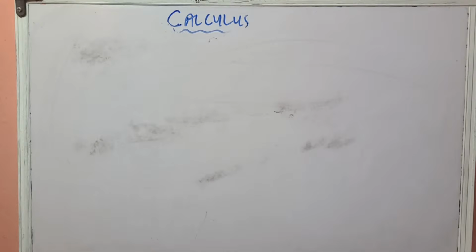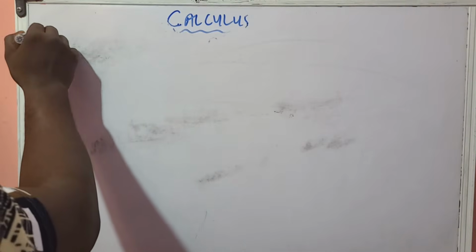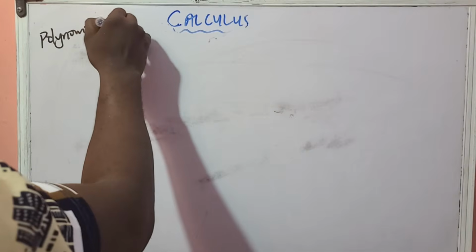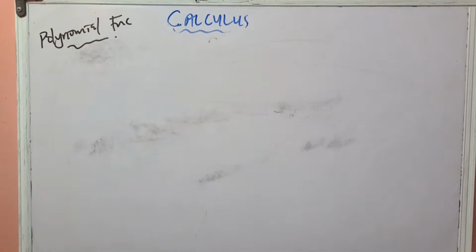So let's start from polynomial functions. Of course, I'm sure we are mostly familiar with this already, so we will not spend much time on this. So polynomial functions, how do we make the differentiation of polynomial functions? Well, quite very simple. I believe we already talked about polynomials in our classes already, and I'm sure you know what polynomials are.